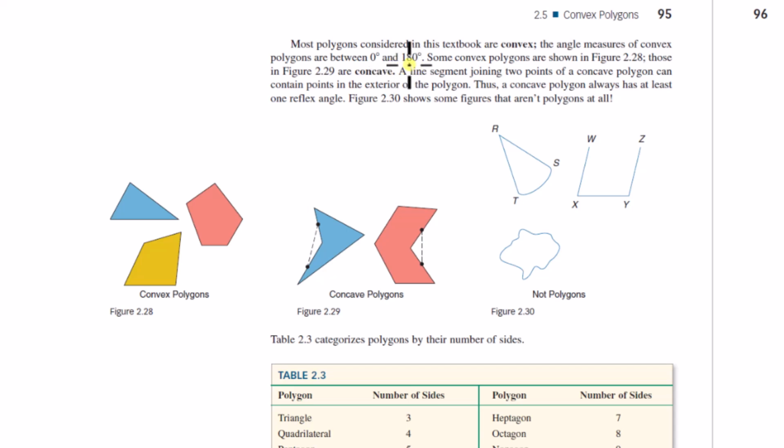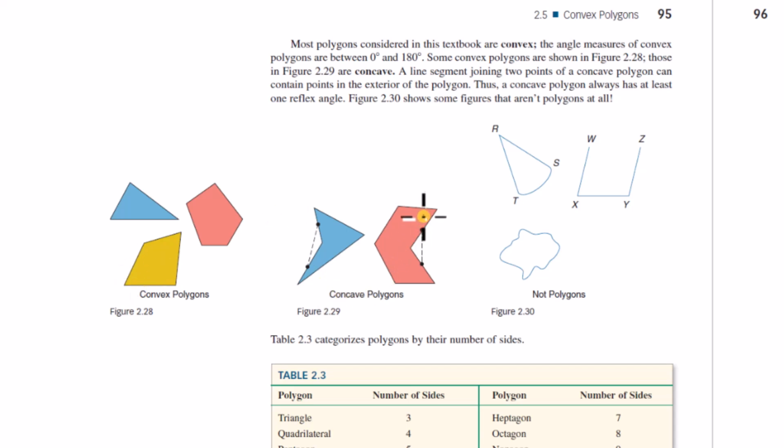And we can see that a concave polygon would have angles that are reflex angles greater than 180. Okay, so some convex polygons are shown in figure 2.28. Those in figure 2.29 are concave. So here are some convex polygons. There's the triangle. And we can see that all of the interior angles of these polygons are between 0 and 180.